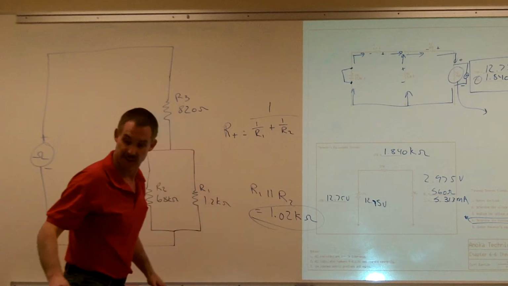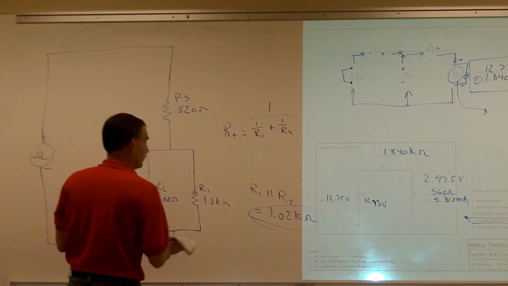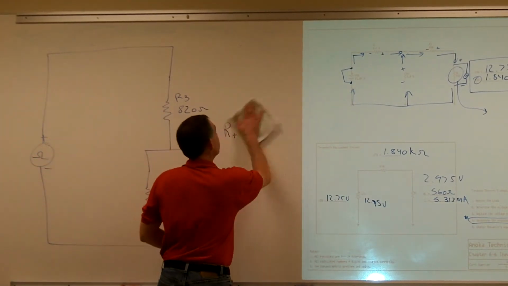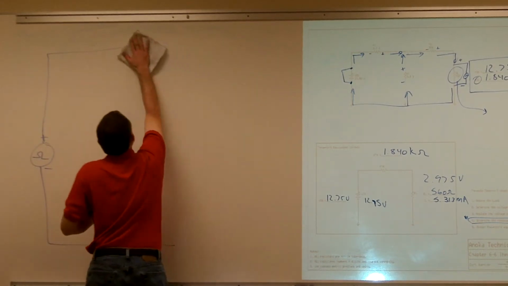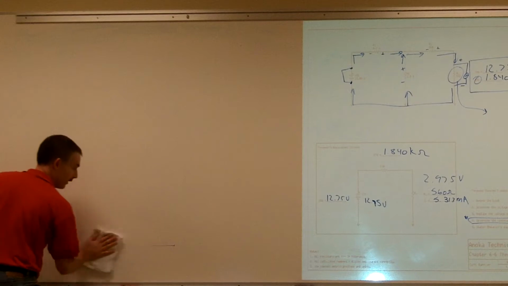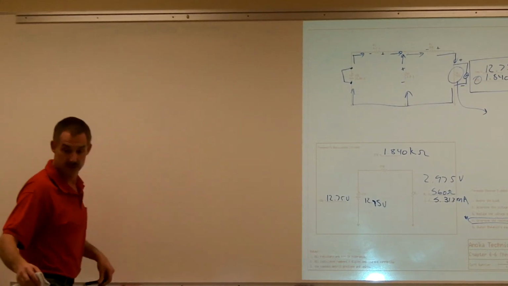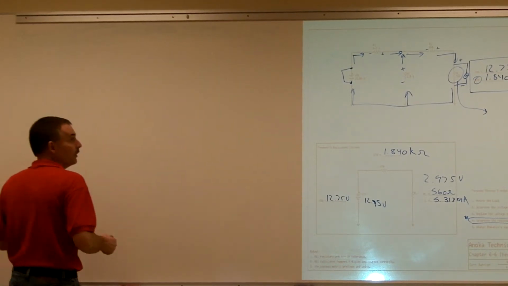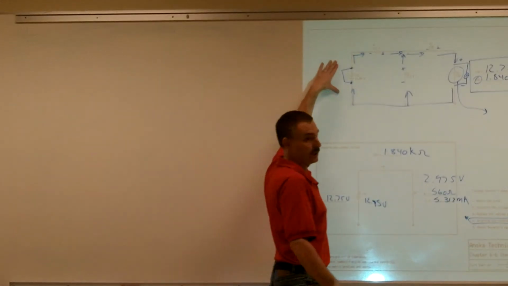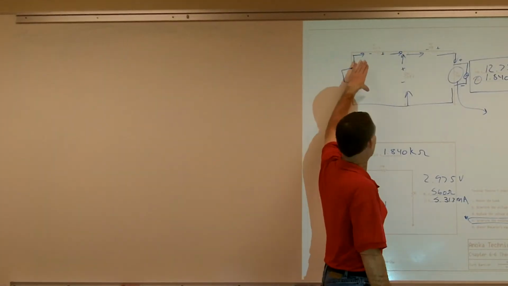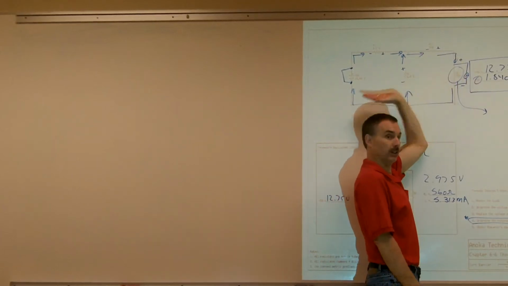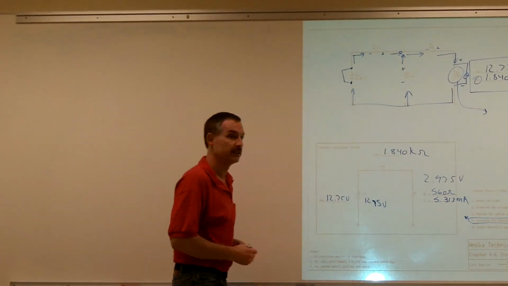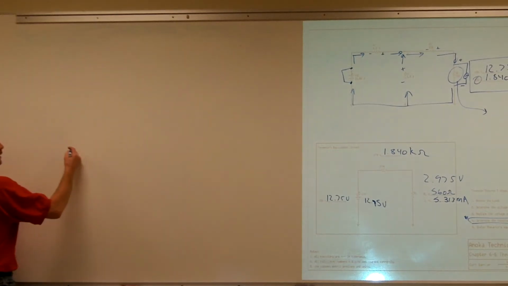All right, here's my little favorite analogy. We've got two viewpoints: looking at it as if we're the power supply looking at the circuit, or as the load looking at the rest of the circuit.